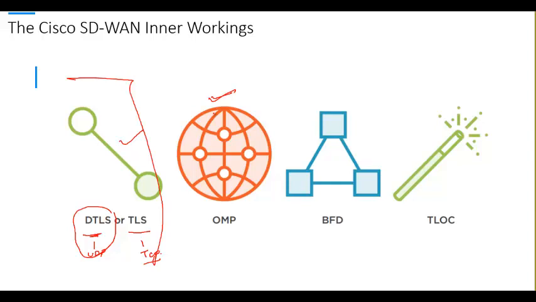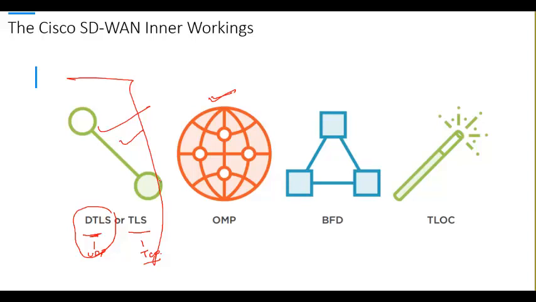As I said, it operates inside this DTLS connection, inside the tunnel. First comes the tunnel, and then only the OMP sessions, which are going to carry multiple information to the vSmart from the WAN edge devices.